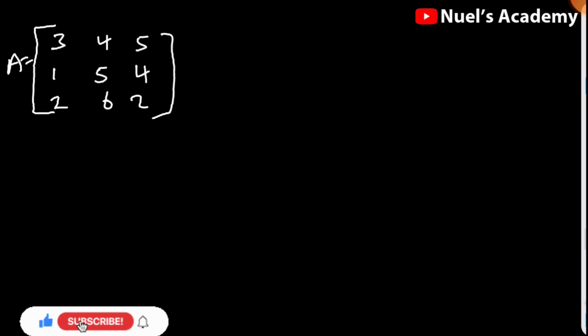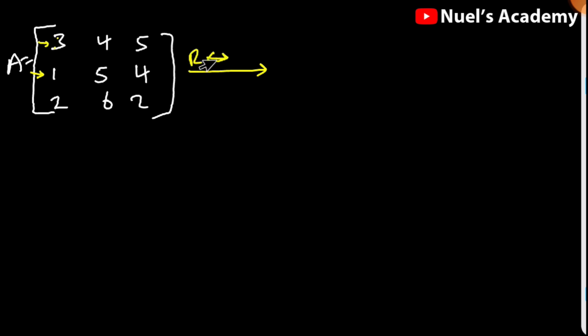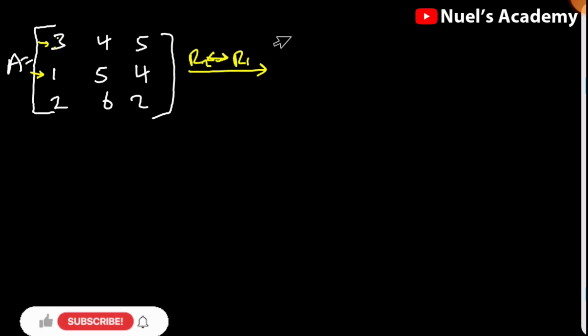So let's start. The first thing we're going to do here is to swap this row, because we would like to start with 1. We want this 3 here to be 1. That is, the leading entry of row 1, we want it to be 1. So let's swap row 2 and row 1.